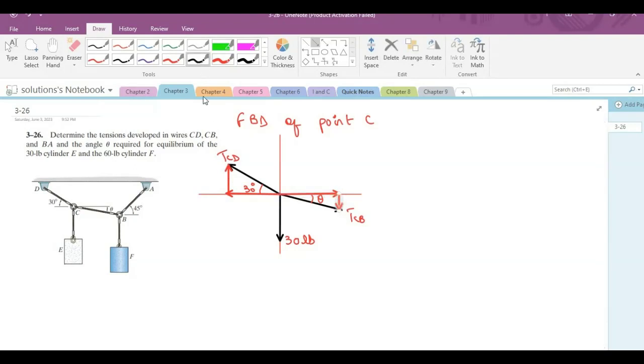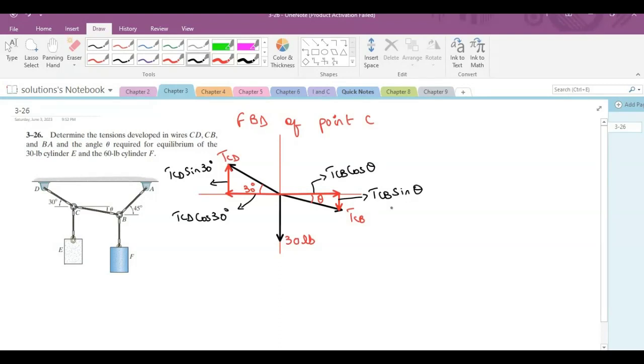So let's label them as well. This right here is TCD sine 30, and that component is TCD cos 30. This right here is TCB cos theta, and this vertical component is TCB sin theta.